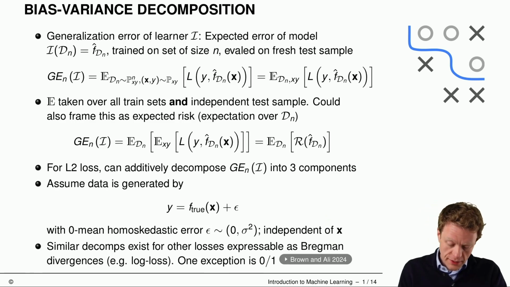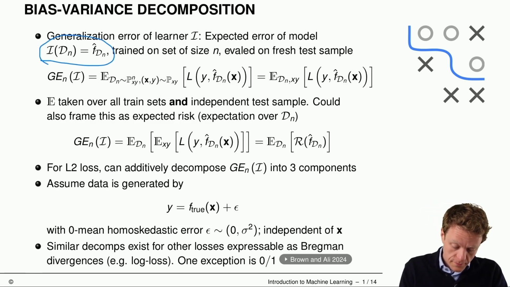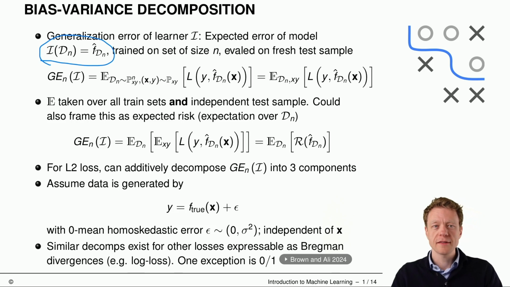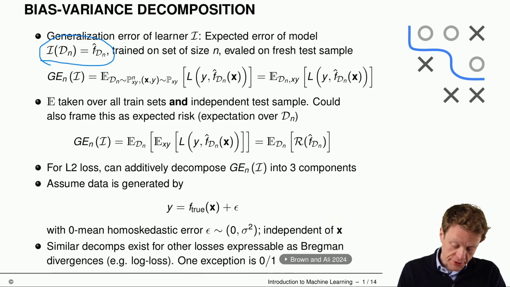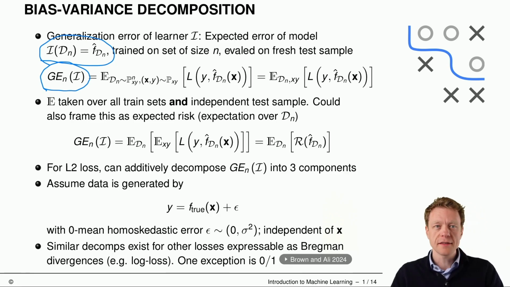If we feed some data set Dn into the learner, the output will be a learned model f hat, which we denote with subscript Dn to make clear that we used the data set Dn of size n to learn that model.